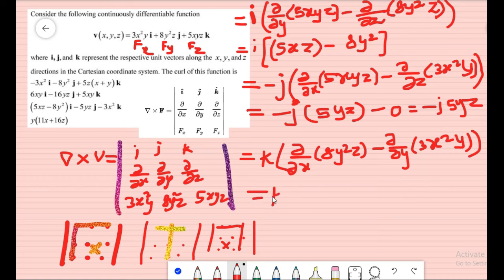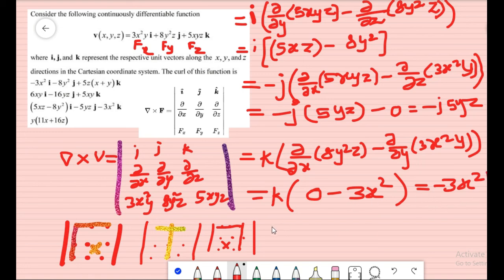Now differentiation with respect to x, there is no x term here, so it's partial differentiation. All the other terms are considered as constant. Differentiation of constant is 0. Then here the y term, if you differentiate with respect to y, we'll get minus 3x square. Then the third term is minus 3x square k.